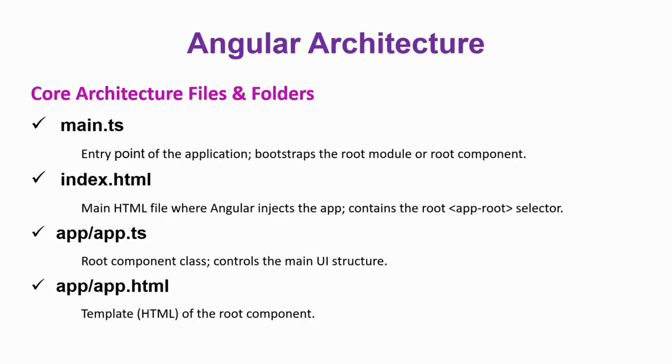You can place it inside the app folder, or you can not; if you want you can place it, if you don't want then it's not required. So this is basically the root component class, which controls the main UI structure. The next is app.html. So this is also a template file, the HTML file for the root component.